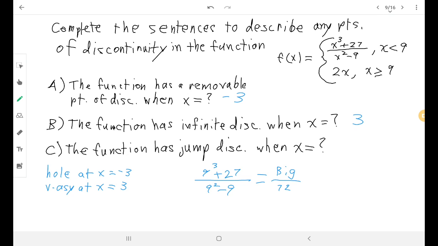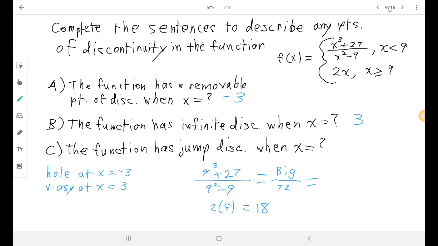So that's still probably a pretty big number, right? If I put in 9 for the bottom, 2 times 9 is 18, right? That's not a real big number.